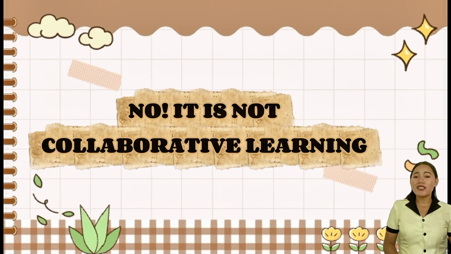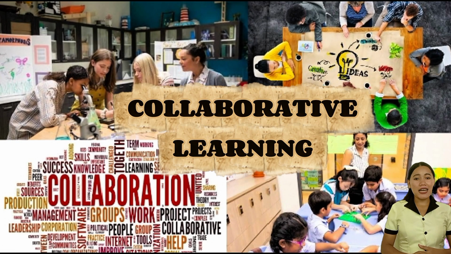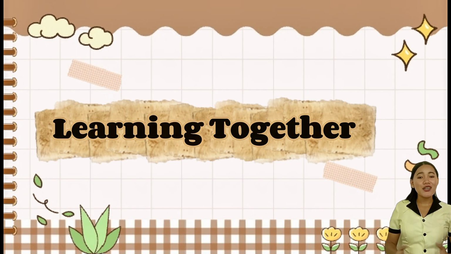The answer is no. That is because true collaboration requires students to work toward a common goal, actively participate, communicate, share responsibility, learn from different perspectives, and remain accountable for their own learning. The teacher, meanwhile, guides the process as a facilitator. So the key idea to remember is: collaborative learning is not simply working together, it is learning together.